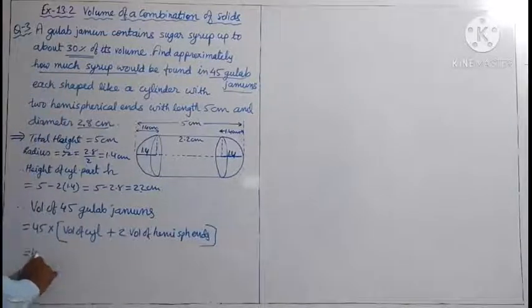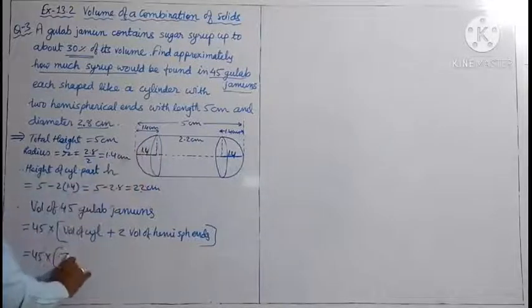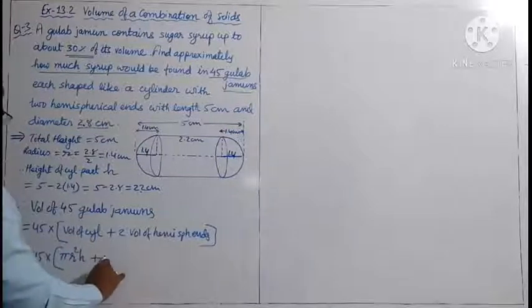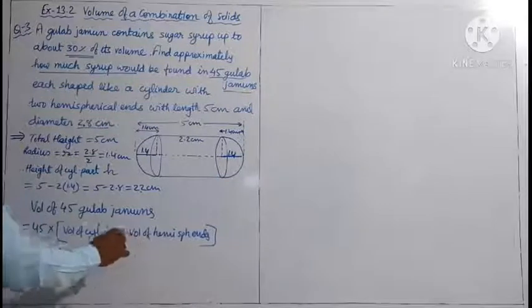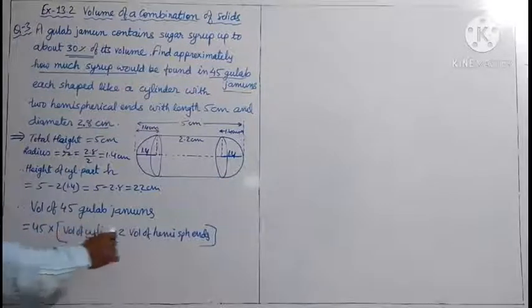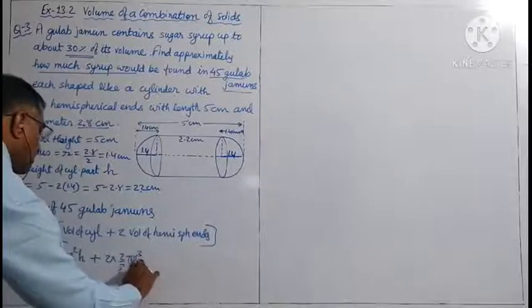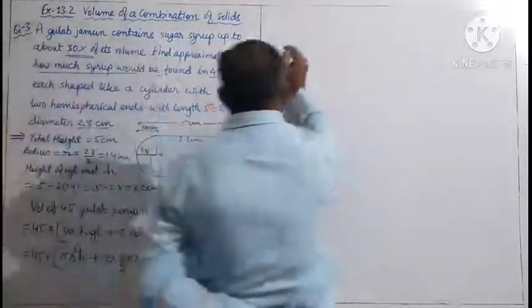So that is equal to 45 multiplied by, in bracket, the volume of the cylinder. The formula for the cylinder is pi r square h, plus 2 times the volume of a hemisphere. The formula for the volume of a hemisphere is 2 by 3 pi r cube, but there are 2 hemispheres, so 2 multiplied by that.